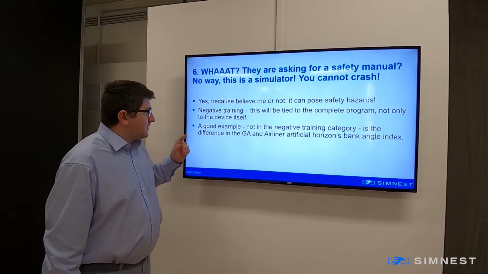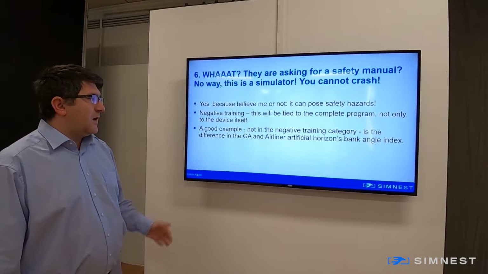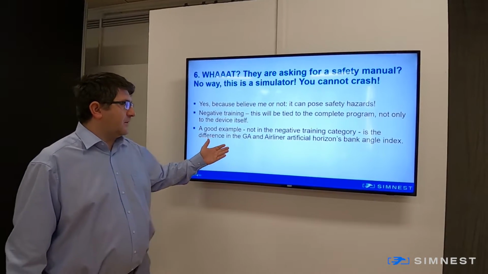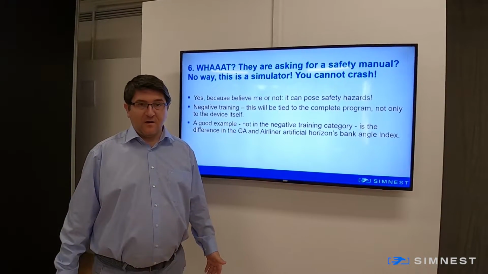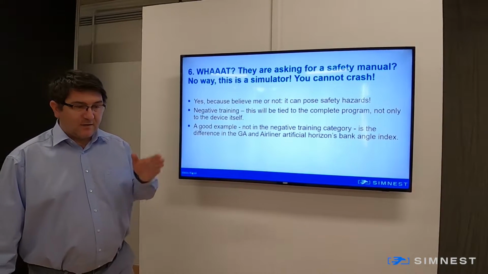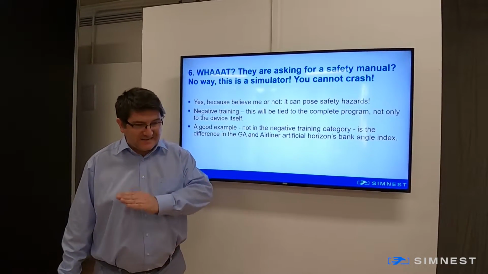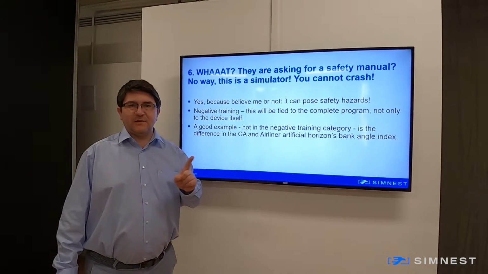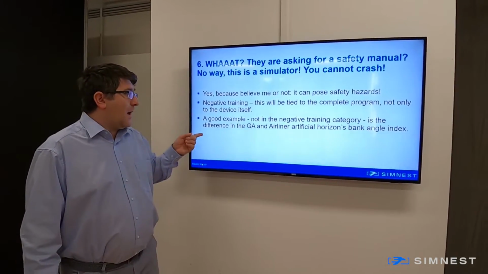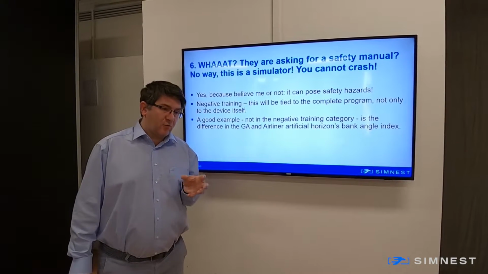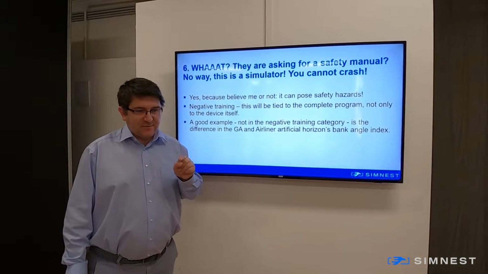There is something which is not tied to negative training. Just think about the difference in the general aviation and airliner artificial horizon bank angle index. The airliner has the scale fixed, and the index is moving in front of the scale, while the general aviation has the scale moving and the index is fixed.